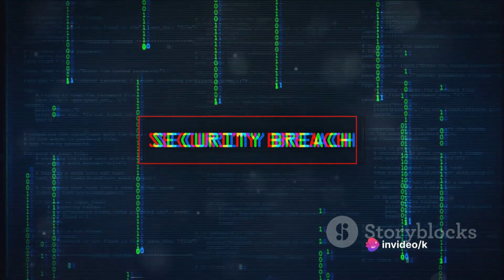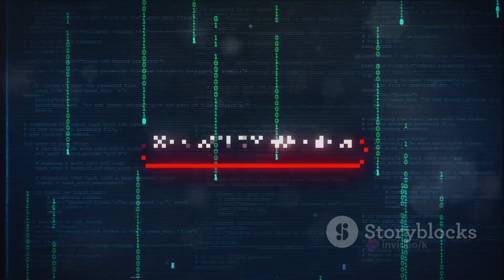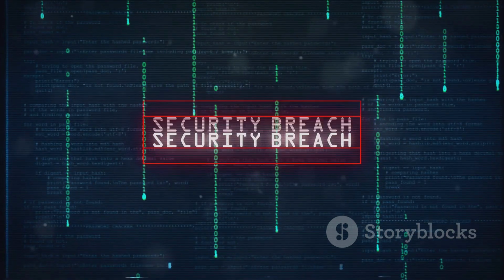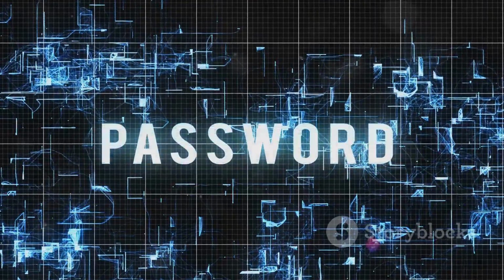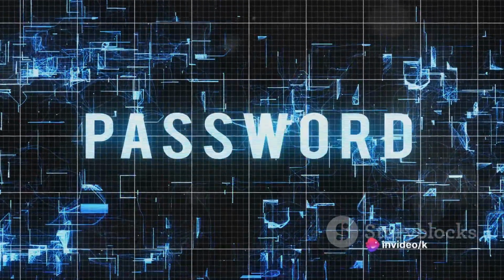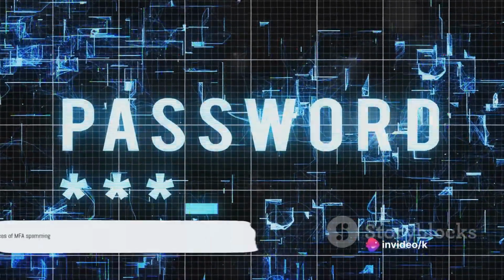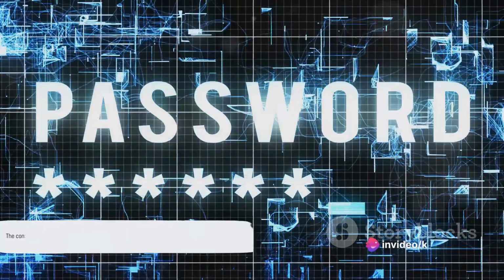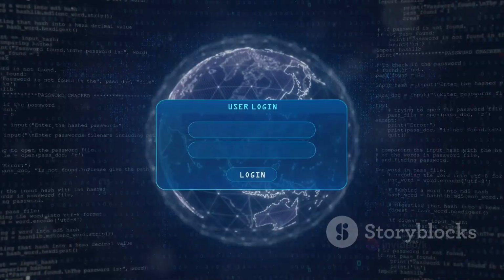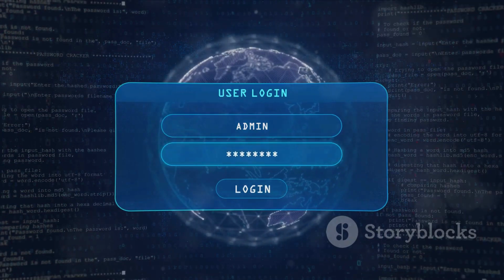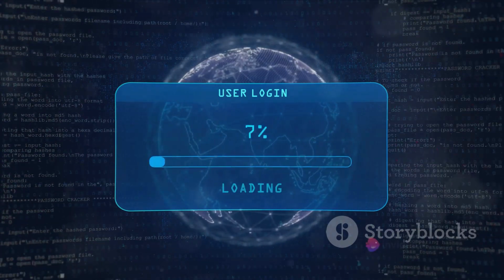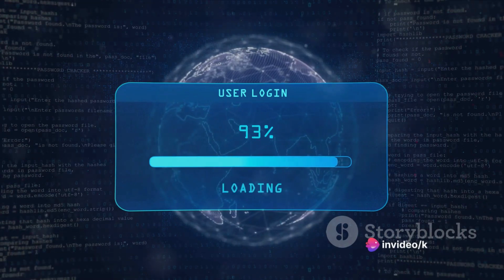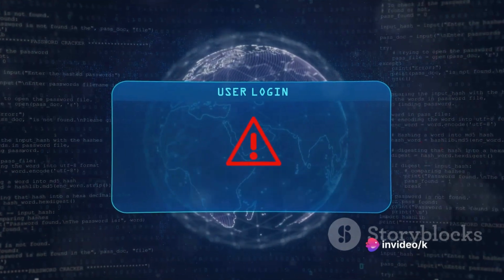This refers to the weariness or resignation users feel from constant security warnings and prompts, which may lead them to ignore these crucial alerts, further exposing them to cyber risks. In conclusion, MFA spamming is not just a pesky inconvenience, it's a serious cybersecurity threat with potential ramifications that extend beyond the digital realm. The repercussions of MFA spamming are far-reaching, affecting both individuals and organizations.